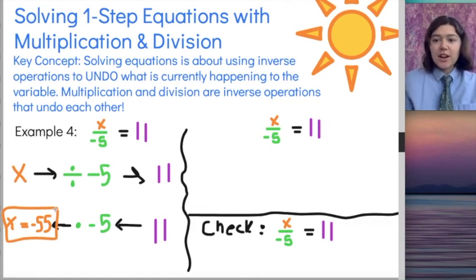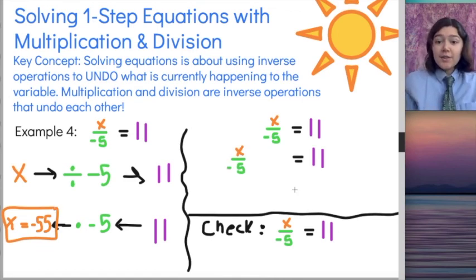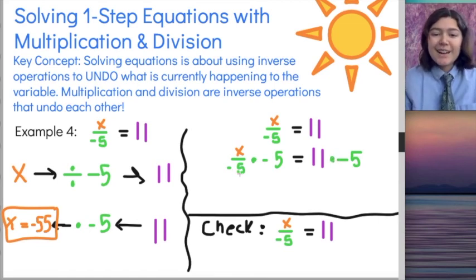Okay, and again, we'll try it with the balancing equations approach, which I do want you to get to with time. All right, so I have x divided by negative 5. How do you undo dividing by negative 5? Multiplying by negative 5. Great, we just figured that out over here. So I'm going to multiply both sides of my equation by negative 5, because that's essential. Otherwise, the equation does not stay balanced. On my left-hand side, I'm dividing by negative 5 and multiplying by negative 5.